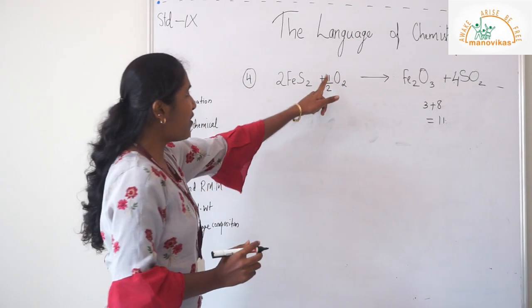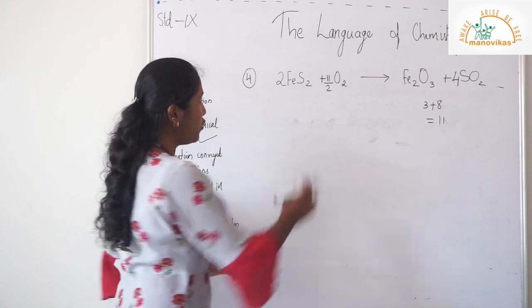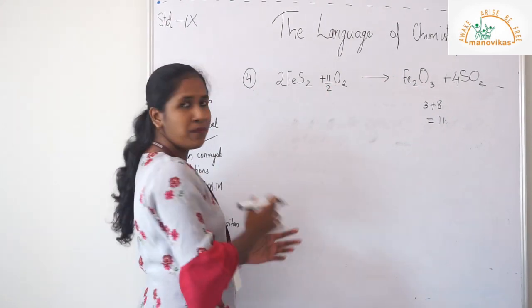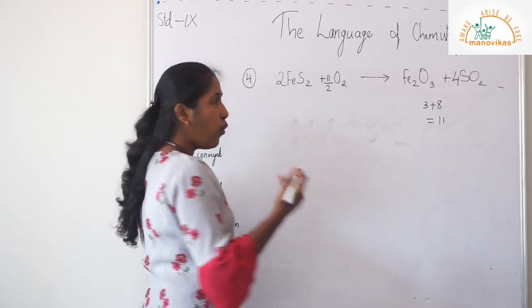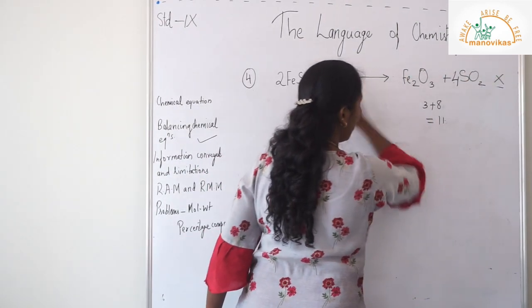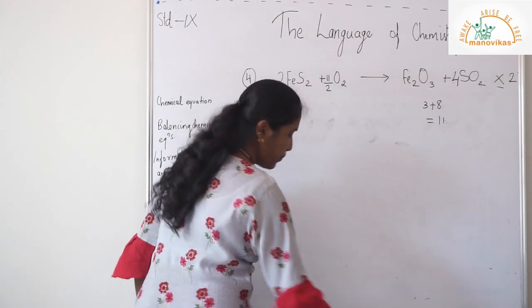So now we need to get rid of this fraction. So what are we going to do? If you multiply this by 2, the entire fraction will get cancelled and will be converted into a whole number. So I will multiply the entire equation by 2.